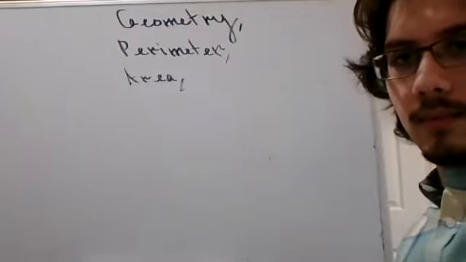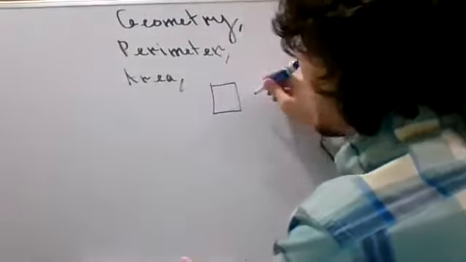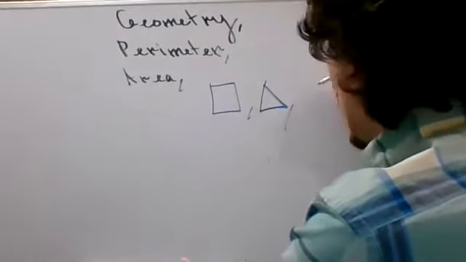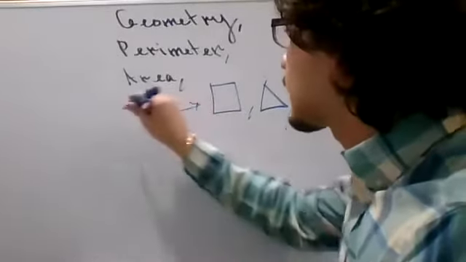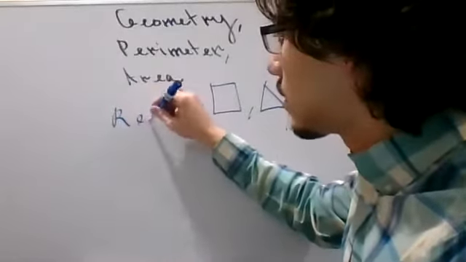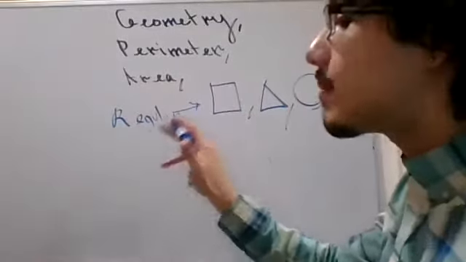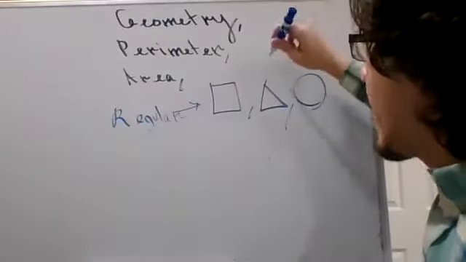A square. Okay, square. Square, and then triangle. Triangle, perfect. And of course, circle. These are regular shapes. And they are called regular shapes because they are perfect shapes, at least how we have them.